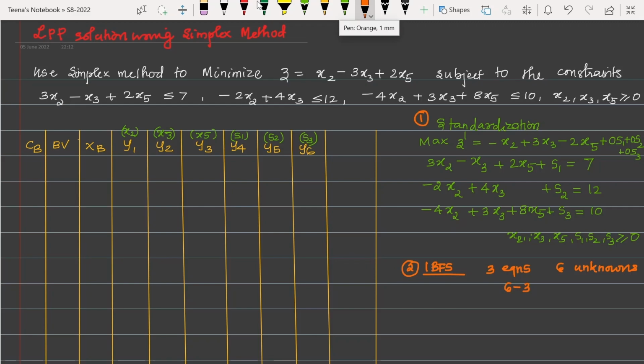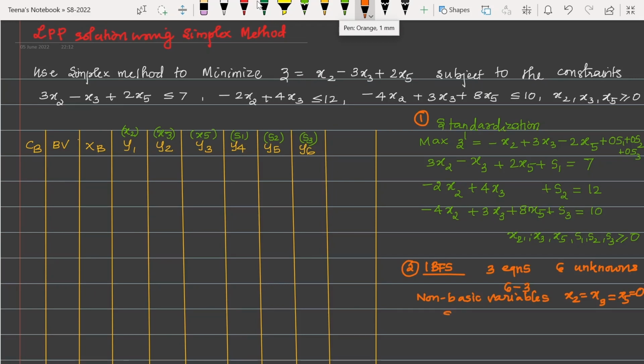Here the variables that are set equal to 0 are called non-basic variables. So we take the non-basic variables as the variables that are originally in the problem, that is x2, x3, x5. They are assigned the value 0.